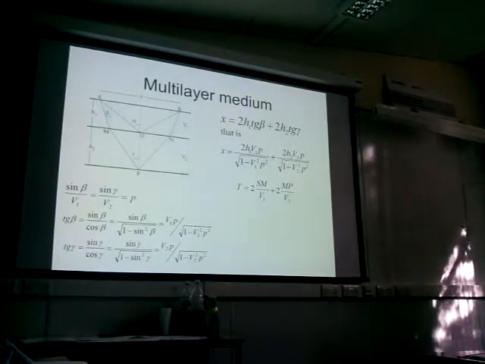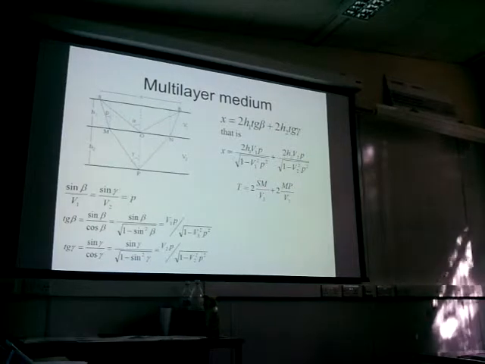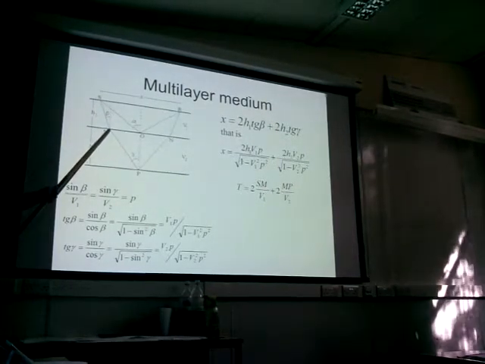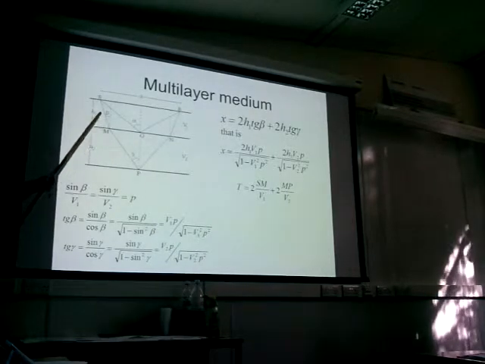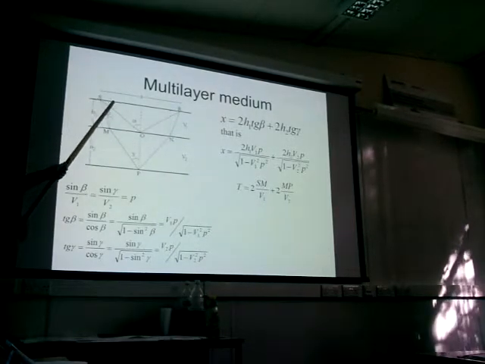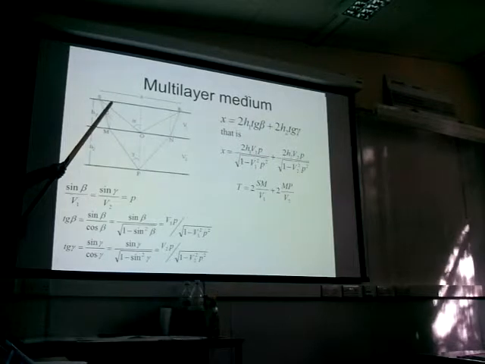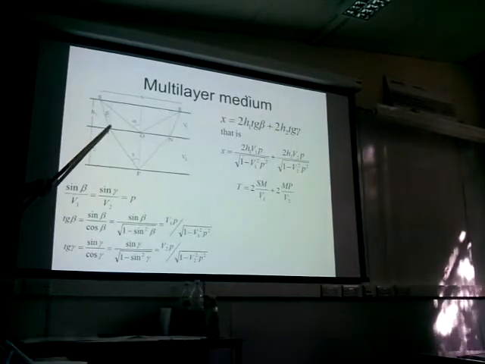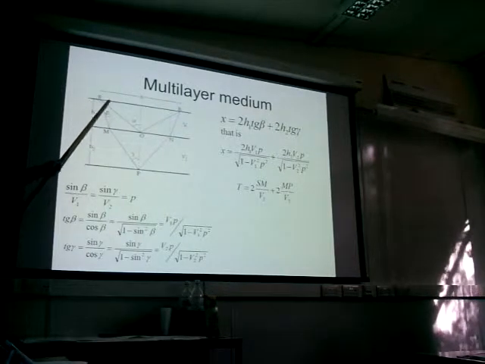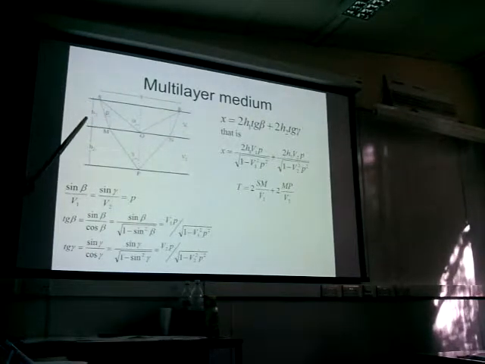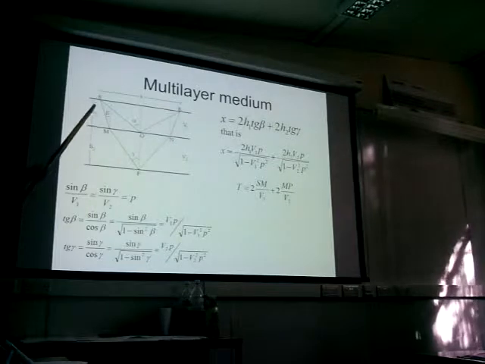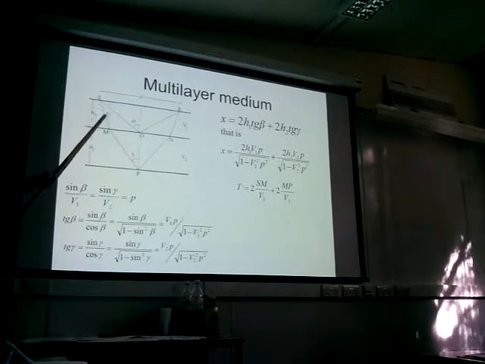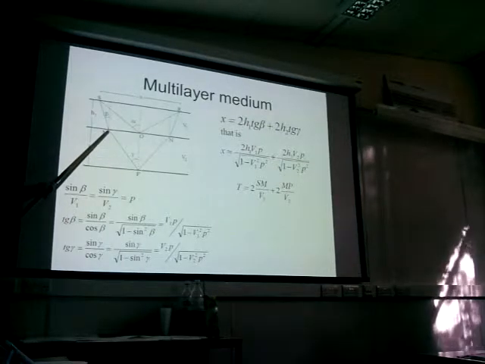Now, if I want to express the portion of x done by this path, I have to write that the tangent of beta is nothing else than the piece of the distance of my x, divided by my h1. That's the definition of the tangent. That bit is h1, the thickness. And that one is the portion of x defined by the ray path that is transmitted in there.